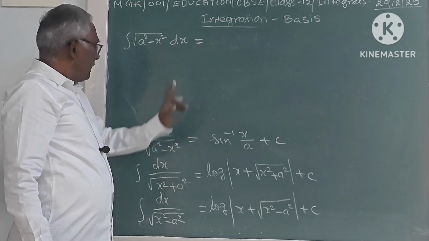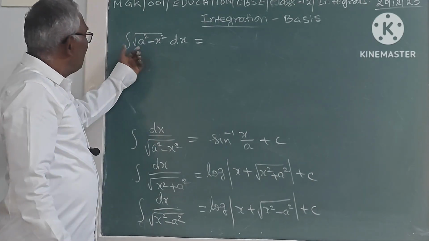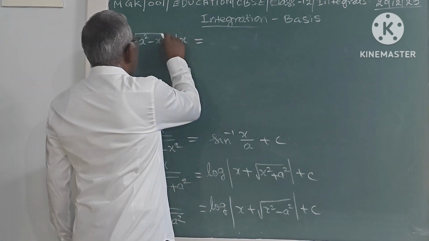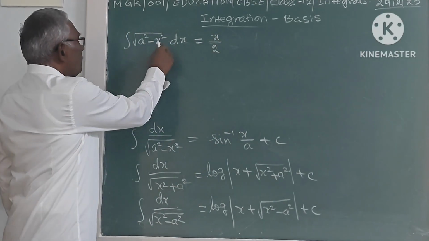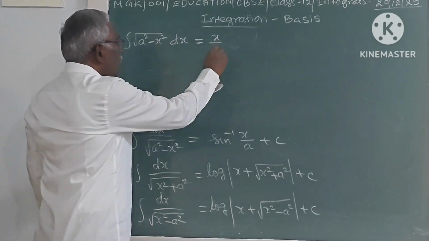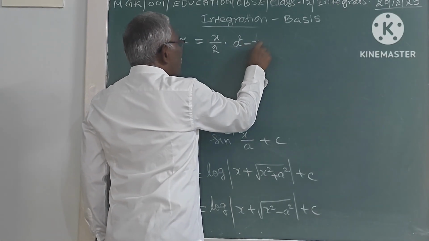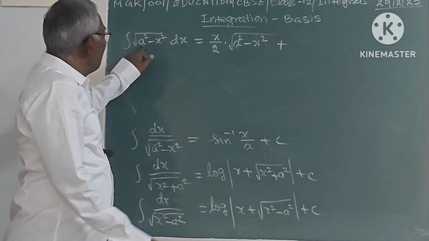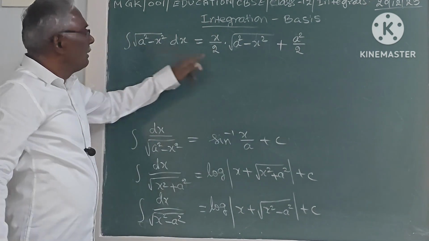Here we are writing integral square root of a square minus x square dx is x by 2, x meaning whatever comes here, into the whole term, square root of a square minus x square, plus a square by 2.